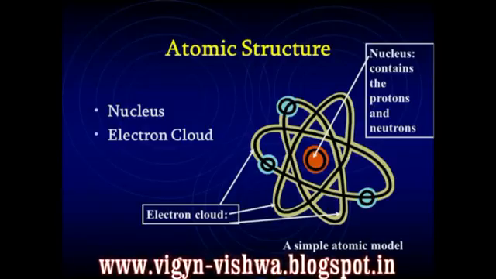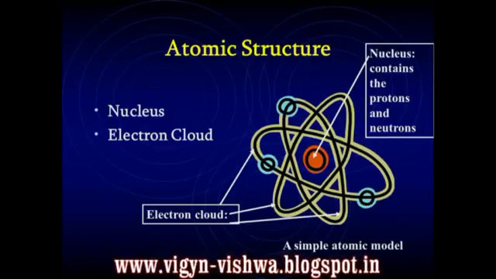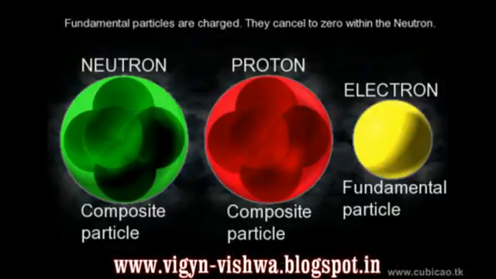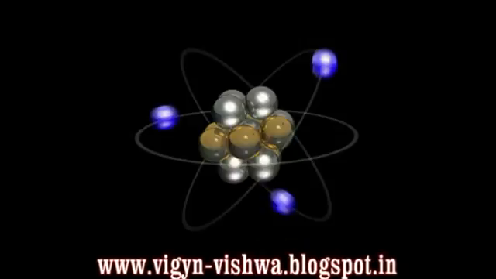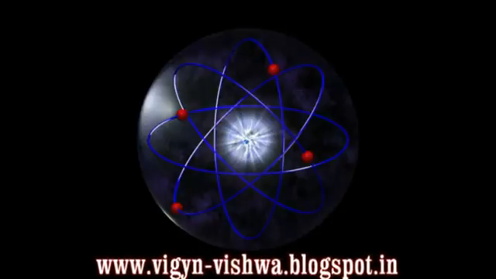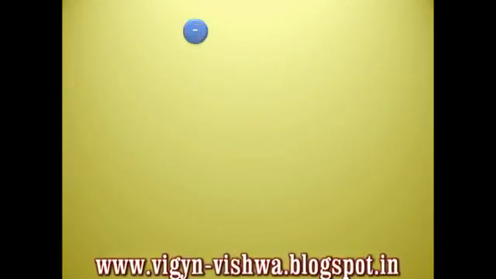Okay friends, you can easily find the atomic structure and learn more about the nucleus, proton, neutron and electron, the fundamental particles of any atom and any element. Now let us discuss the electron.